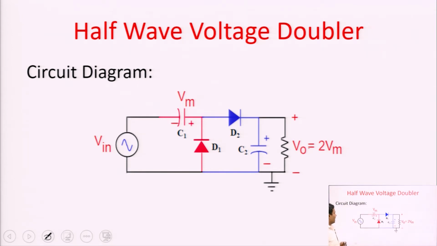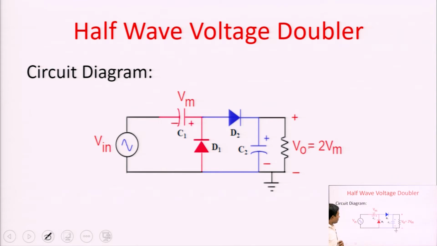C1 will get charged when the diode D1 is in forward bias, and on the other hand, C2 will get charged when the diode D2 is in forward bias.